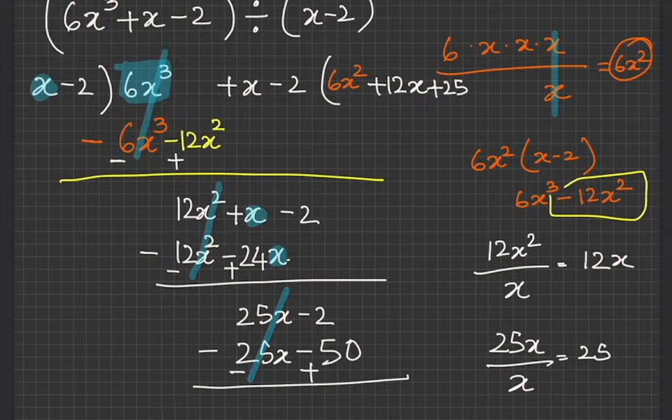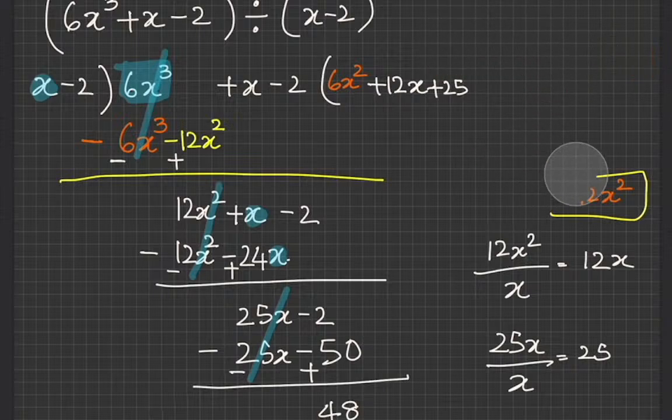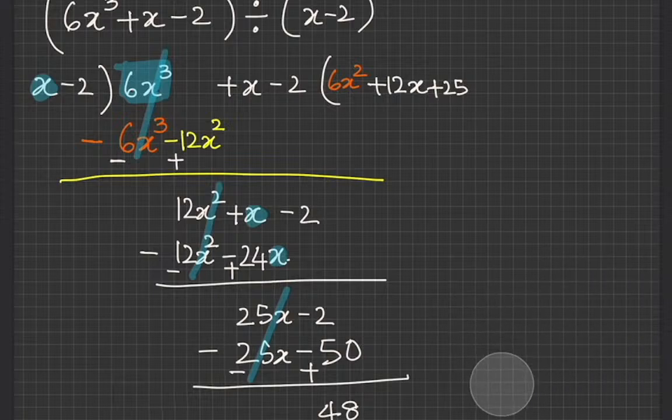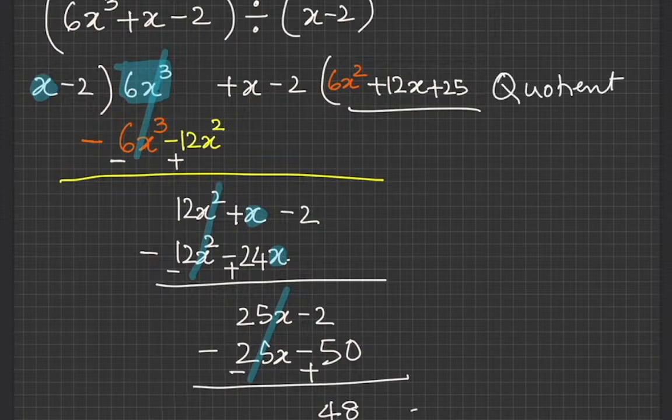So 25x cancels. And then I have 48 is the remainder, right? So this is my quotient. This is my quotient. And this is my remainder.